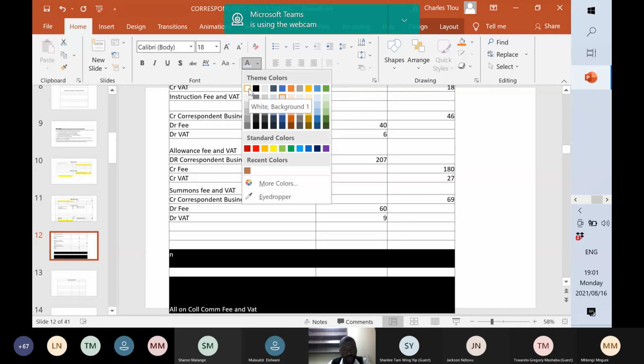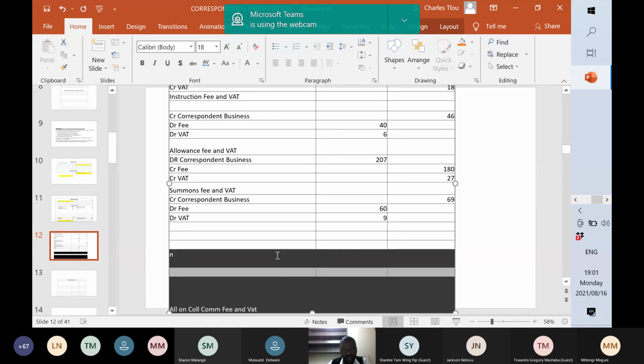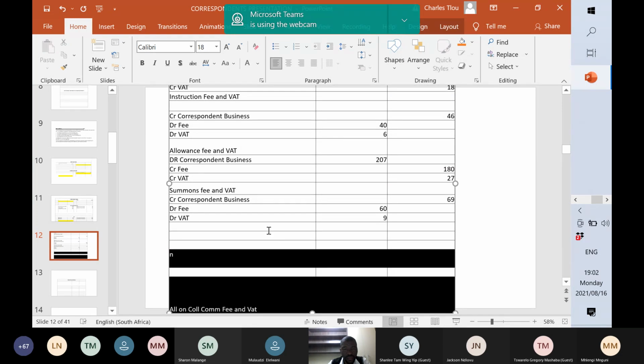Same color. Okay. Okay, I'll try to record it there. I'll see if it's visible.